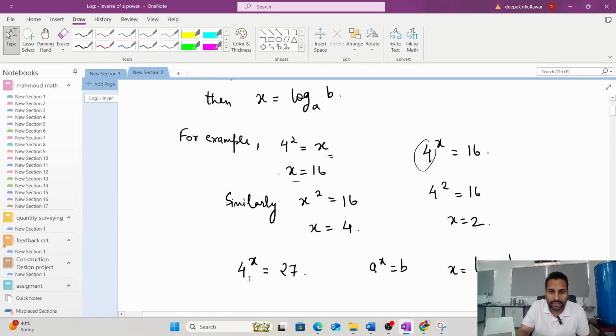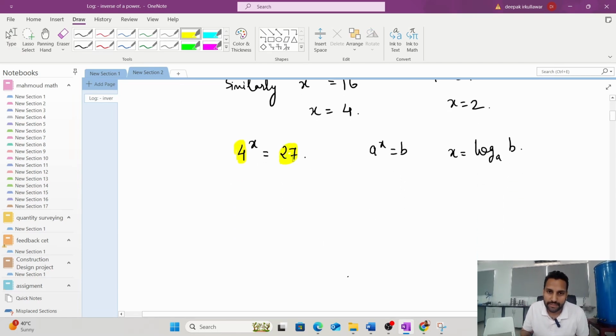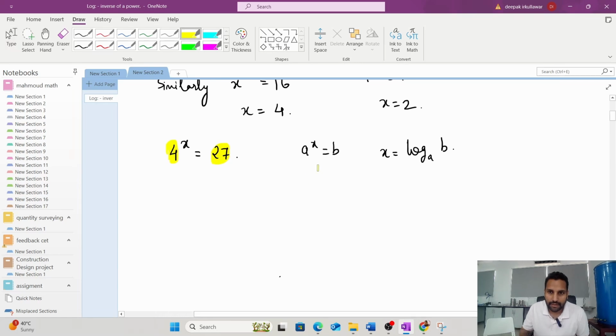Here your a is 4 and your b is 27. So you can write log 4 of 27 is equal to x.